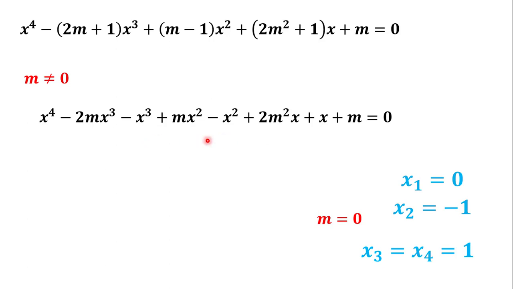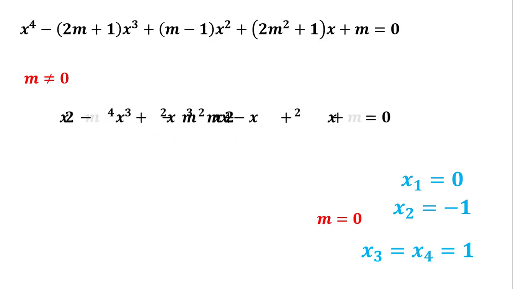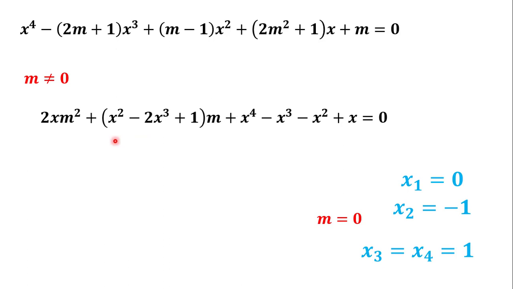Now we need to rearrange all terms in terms of m. As you can see, in terms of m, we have a quadratic equation. To solve this equation, we need to find the discriminant of this equation.